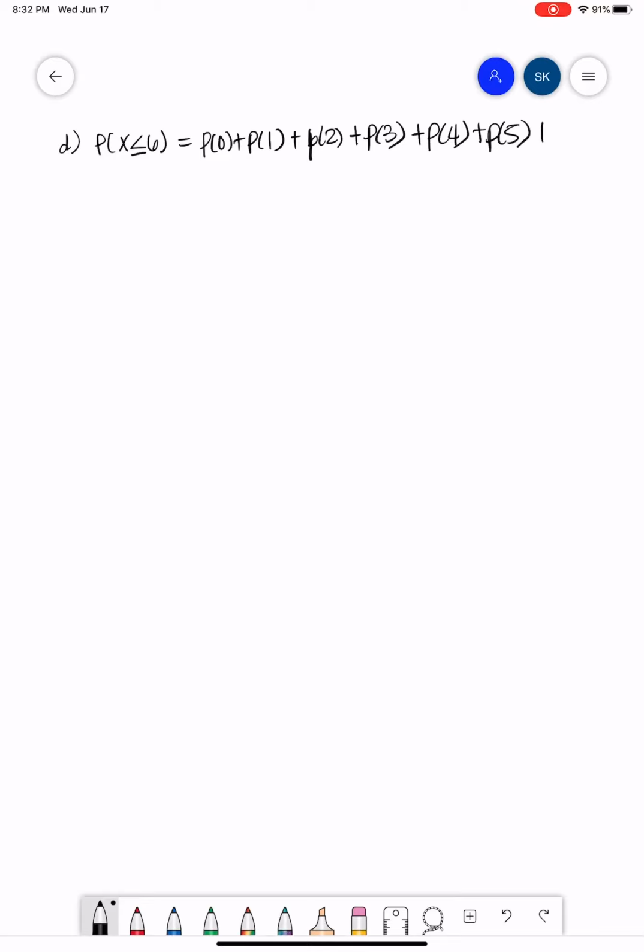Let me pull out a blank page, because the lecture note has a small space. So I'm going to write this down one more time. Remember part D? Part D was the probability of x less than or equal to 6. This was P of 0, P of 1, P of 2, P of 3, P of 4, P of 5, and P of 6.